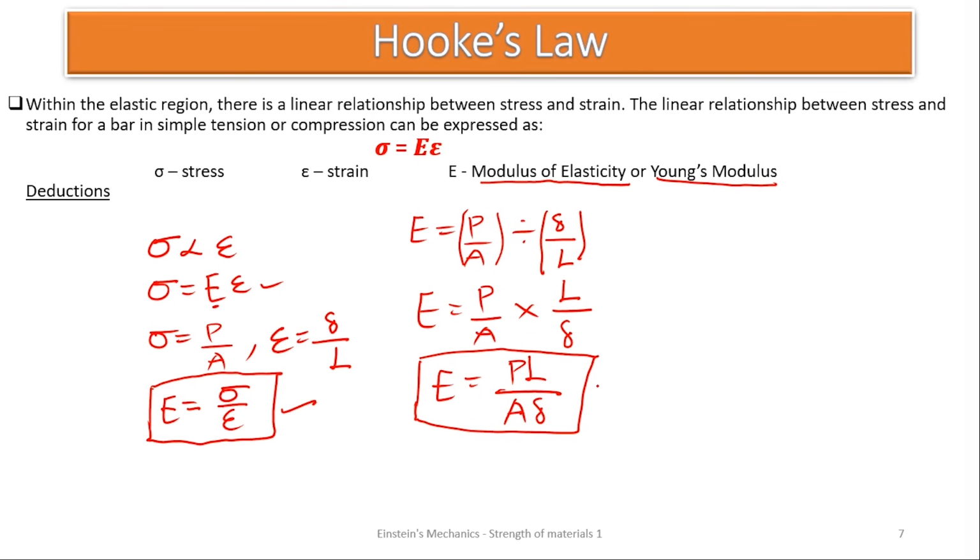Can we further make other parameters the subject? Let's try to make the elongation the subject here. We can say that elongation is equal to the force times the length over the area and the Young modulus. This is the third formula.